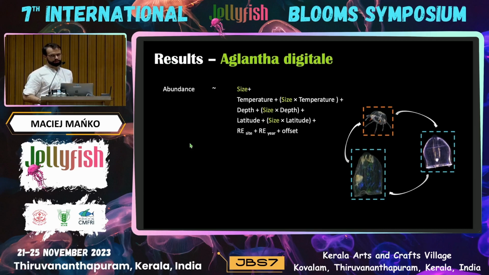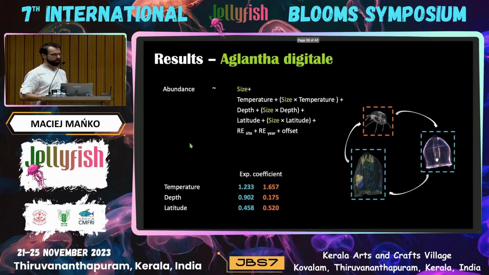And what this allowed us to do was to delineate how baby jellies and large jellies differentially respond to different environmental patterns. And what we saw here was this very pronounced response from the baby jellies to changing spatial patterns that we are sampling or changing environmental factors, whereas larger jellies were not as responsive as the babies.